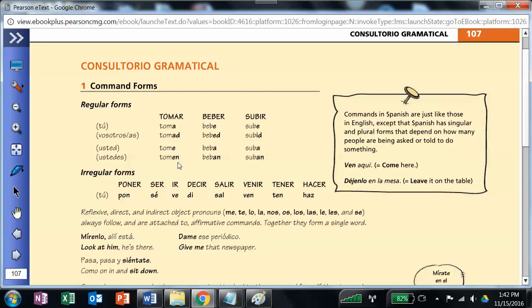So you can see that there's a different way to form the command, whether you're addressing one person versus multiple people in Spain, versus one person but being formal, versus multiple people in Latin America. And then these are some of the irregular forms for the tú commands.